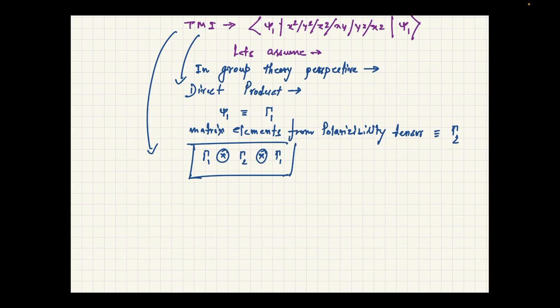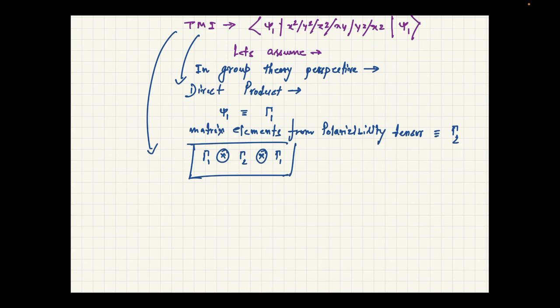Now the condition for this to happen is: we know that if I do the direct product between two identical irreducible representations, we get a totally symmetric representation. So the direct product of gamma 1 and gamma 1 will give us a totally symmetric representation, but then we have to take the direct product of this output with gamma 2.